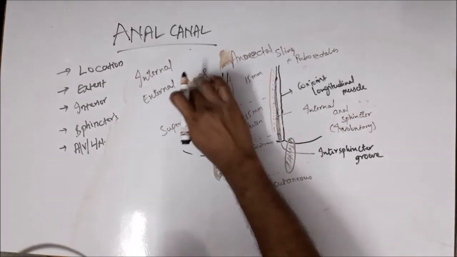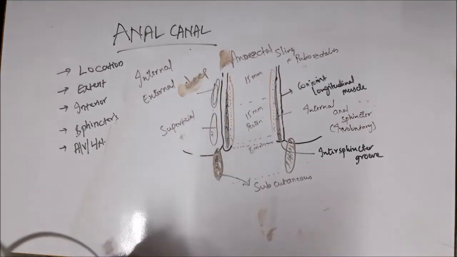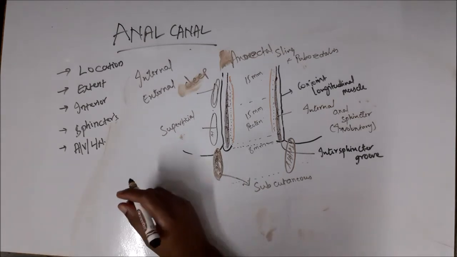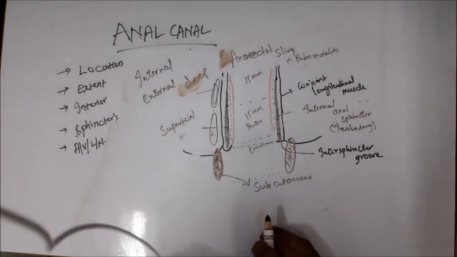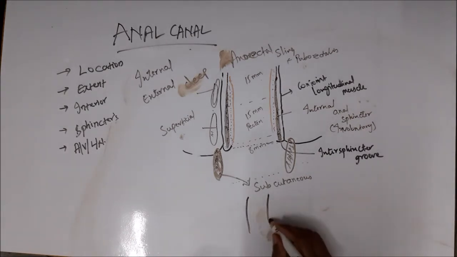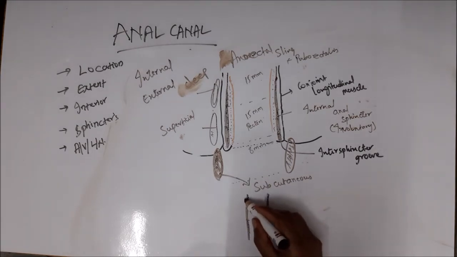of the anal canal, anal continence. Then coming to the attachments of this external anal sphincter. So if you see one more diagram here, if this is the anal canal, a rough diagram of that. In the upper part, it's related with a few fibers of puborectalis.